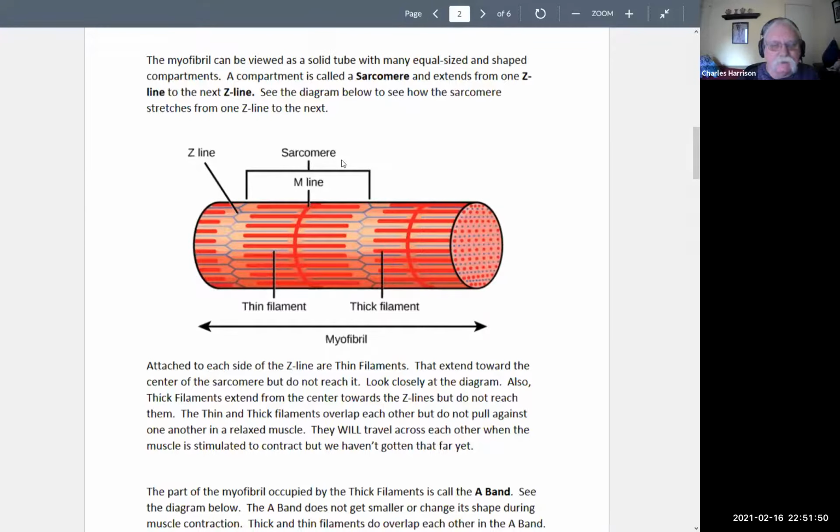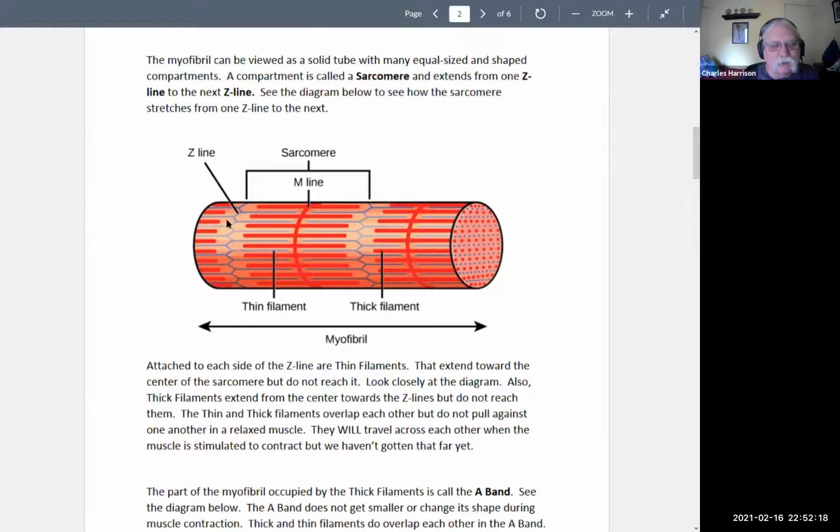The Z line is a wall that doesn't just go around the outside of the myofibril. It's like a disc, a Necco wafer, if you can remember those.